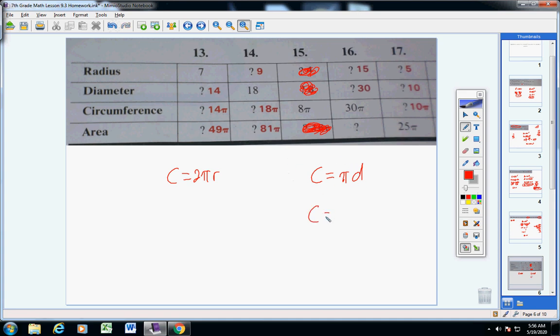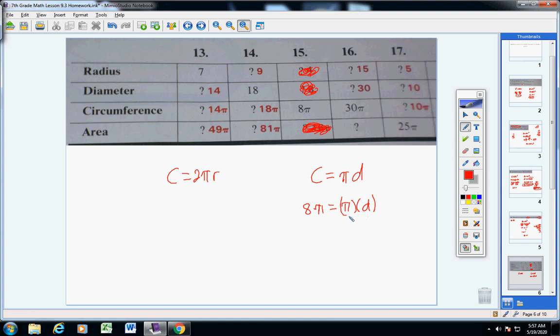So circumference equals pi times, oh, my bad guys, sorry about that. Circumference is 8 pi. So for circumference, I'm going to put 8 pi equals pi times diameter. And that's what I'm looking for, is diameter.